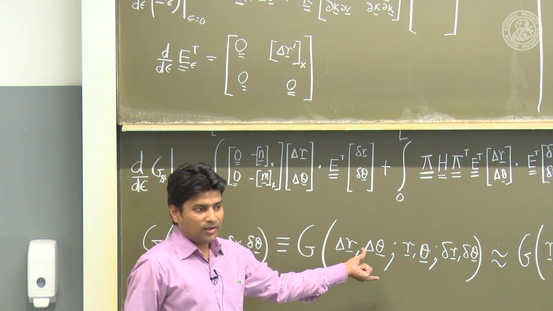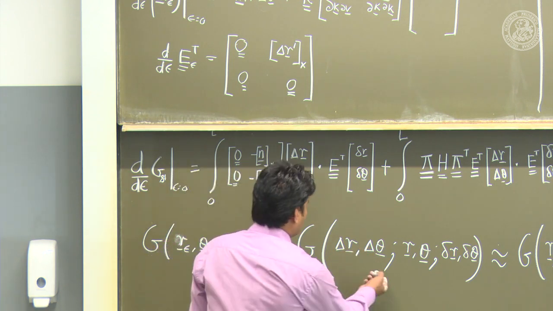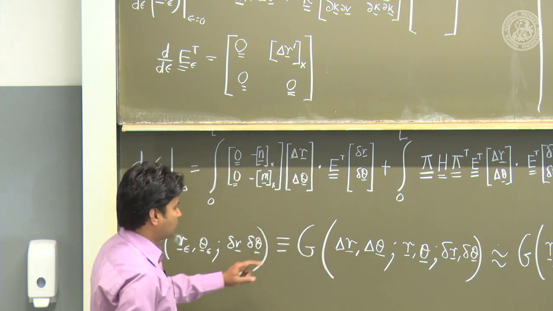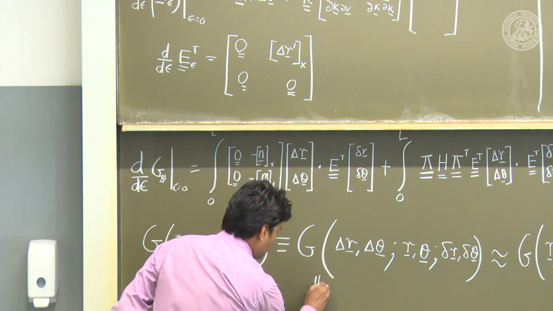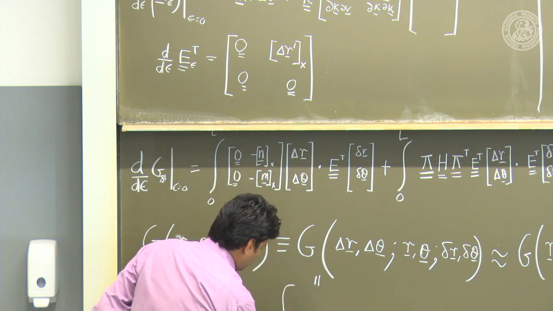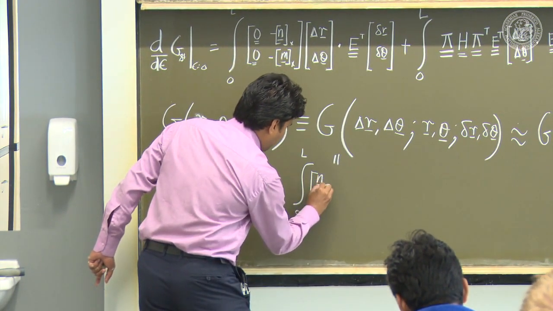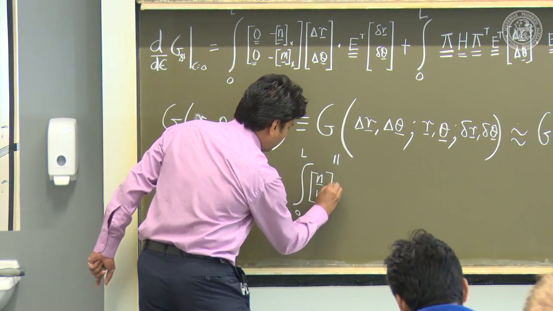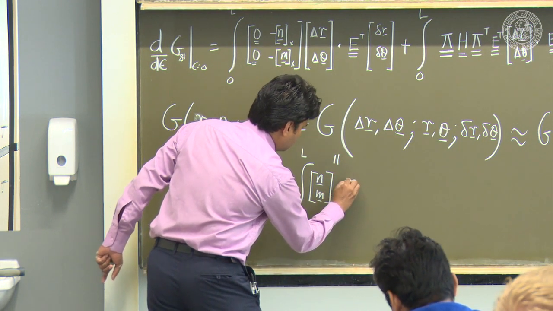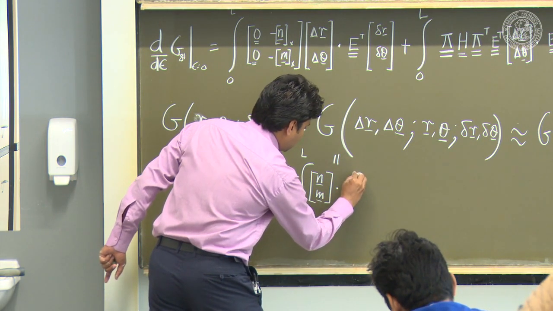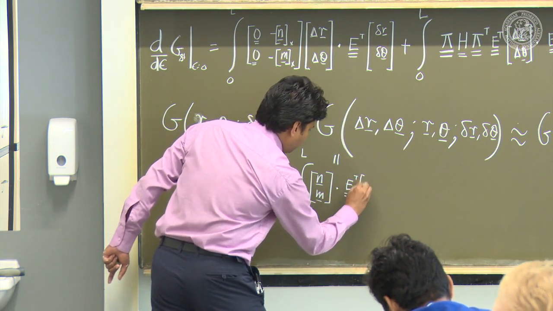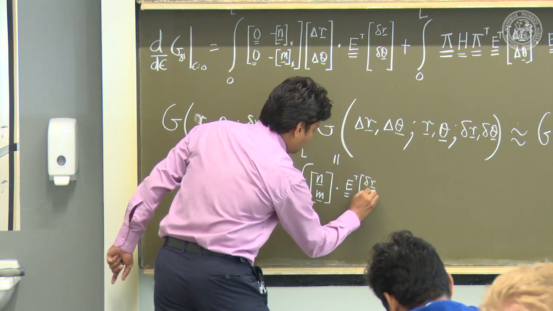Okay, and this you already have expression for, isn't it? So this, if you remember, was integral 0 to L of n m dot E transpose del r del theta.